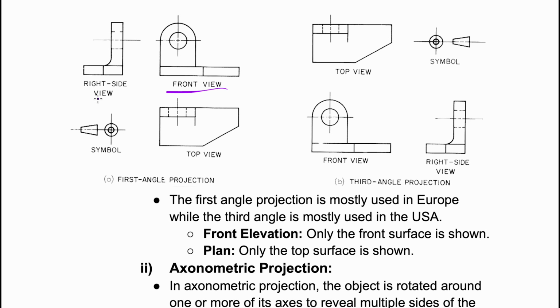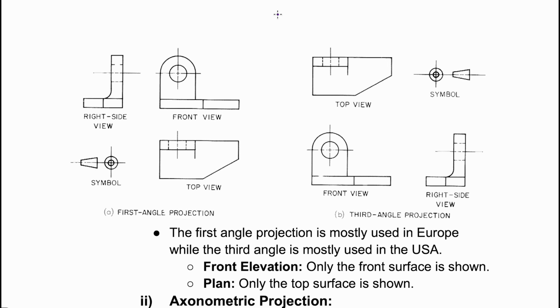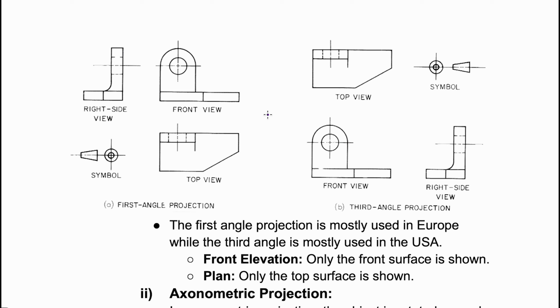As you can see here, front view, right view, and top view. And this multi-view projection is also divided into two. I don't think it's for an apparent reason, but I guess it's just a preference for some people. It's divided into the first angle projection and the third angle projection.